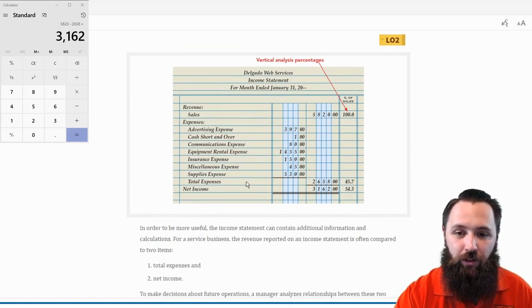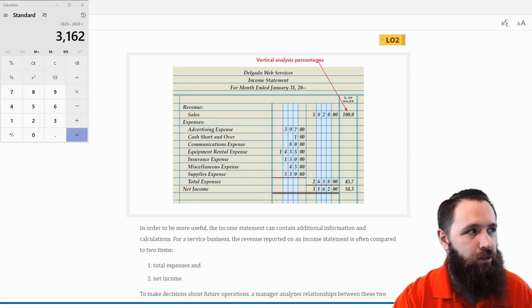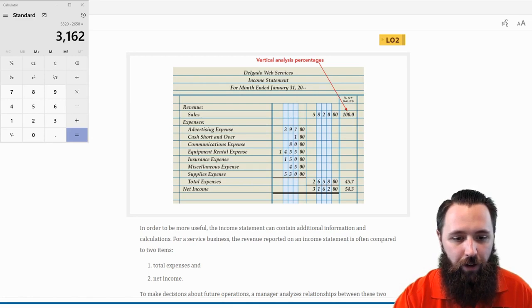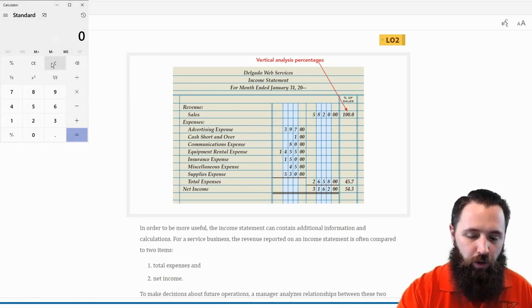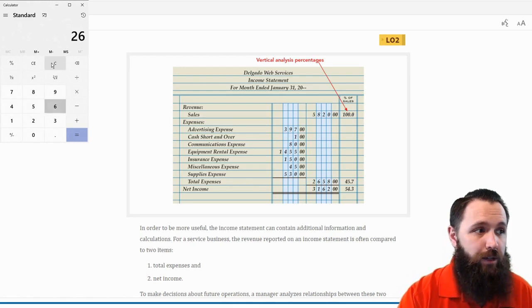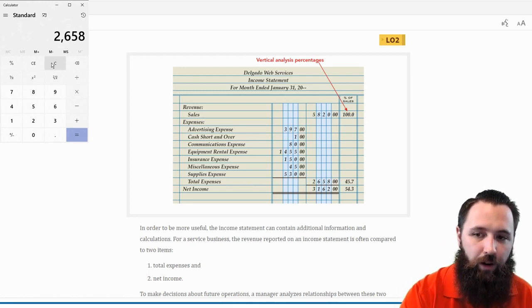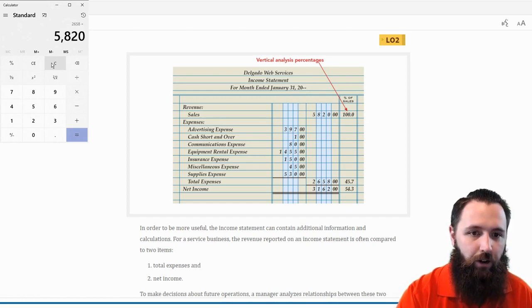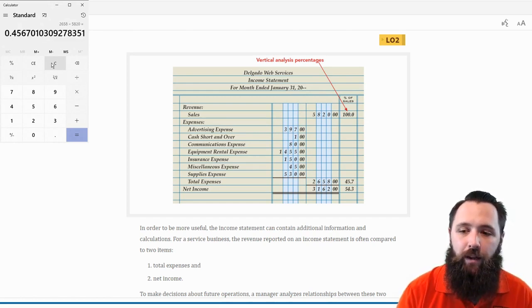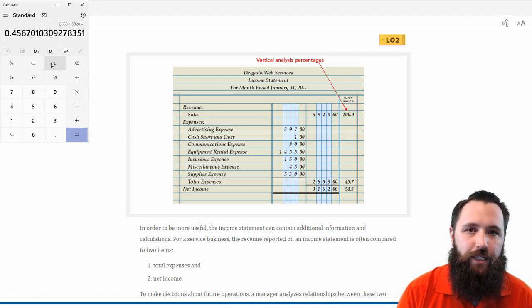So here they're looking at the total expenses compared to sales. Let's go over to our calculator and figure out how we're doing that. We take the expenses, 2,658, and divide them into the total sales, 5,820. And what do we get? We get 0.4567.